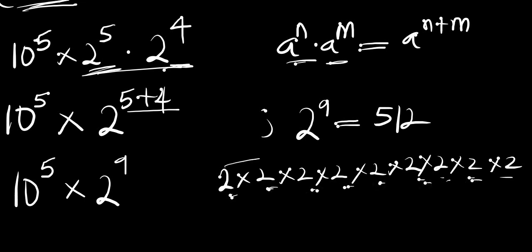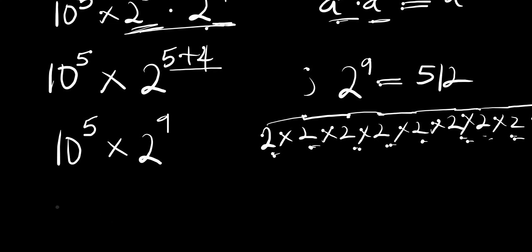Then if you multiply, 2 times 2 is 4, 4 times 2 is 8, 8 times 2 is 16, 16 times 2 is 32, 32 times 2 is 64, 64 times 2 is 128, 128 times 2 is 256, 256 times 2 is 512. So that means we have 10 to the power of 5 times 512.